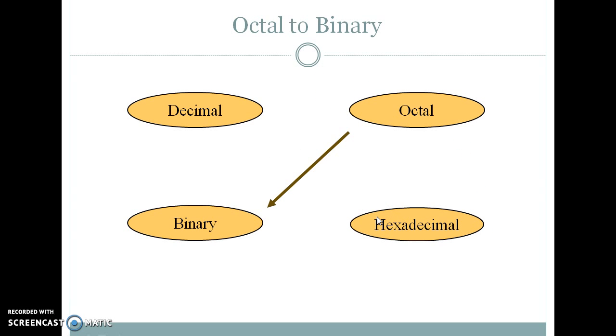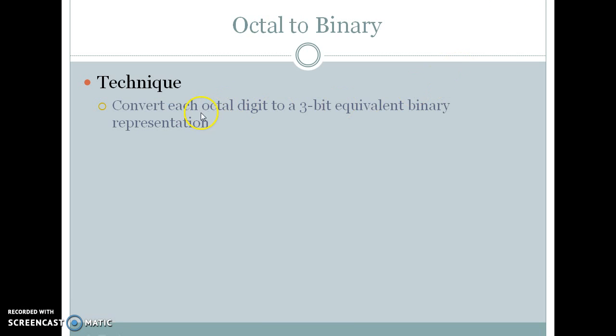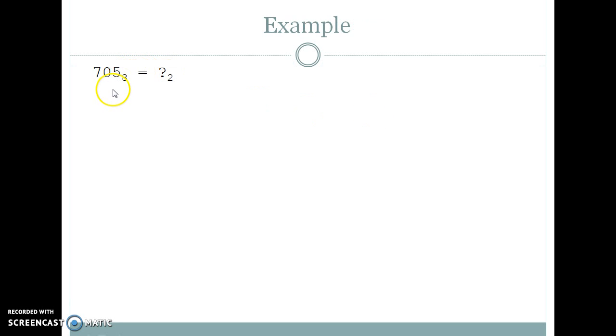And the next type of conversion is from octal to binary. Now convert each octal digit to a 3-bit equivalent binary representation. This you can see from the table which we have drawn in the starting slides. Now if you have to convert 705 in octal to the binary number system, you have to write down the equivalent 3-digit binary number for each digit.